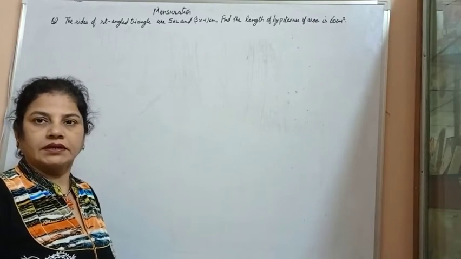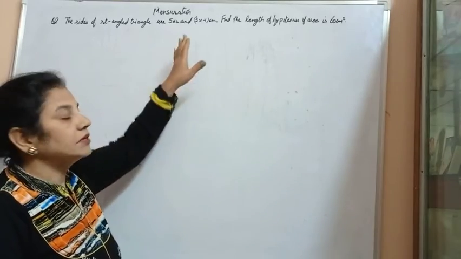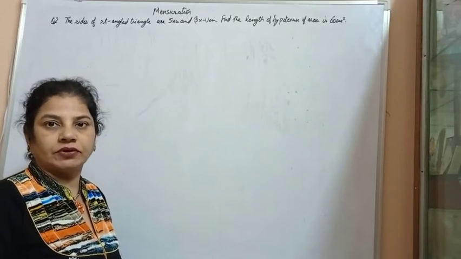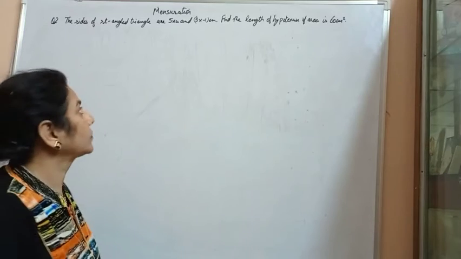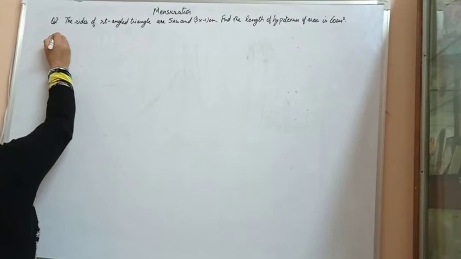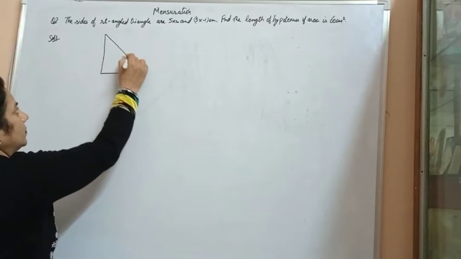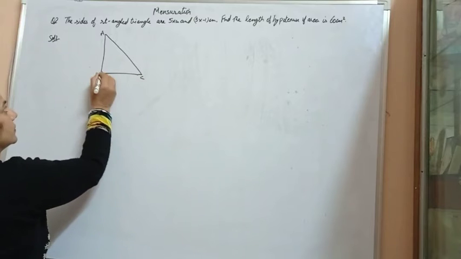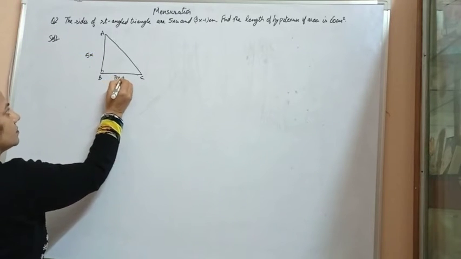In a right angle triangle, the sides are given as 5x centimeter and 3x minus 1 centimeter. We have to find the length of the hypotenuse of the right angle triangle whose area is 60 centimeter square. Let ABC be a right angle triangle with sides 5x and 3x minus 1.